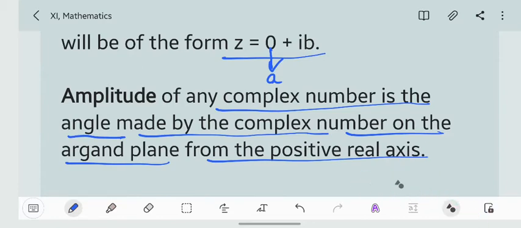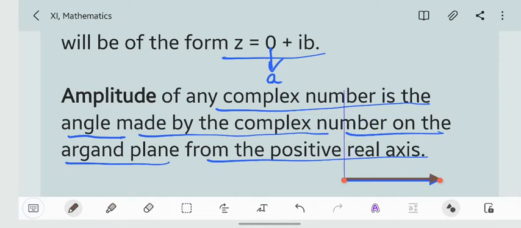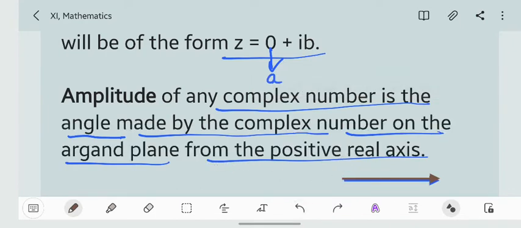What I mean to say here is, suppose this is one ray, and if I rotate this ray anti-clockwise from this point, the amount of angle made from the positive real axis gives you the amplitude. So this becomes theta, and the remaining values follow depending upon the rotation from the positive real axis.